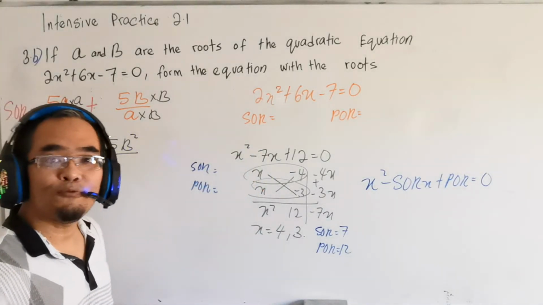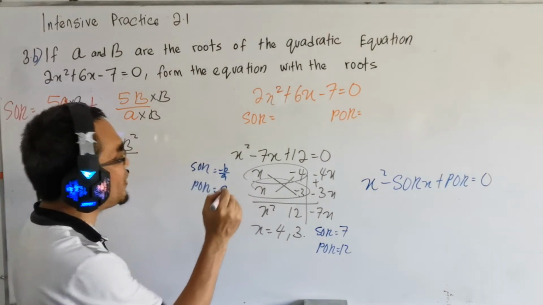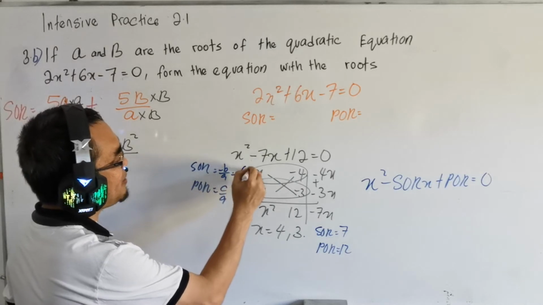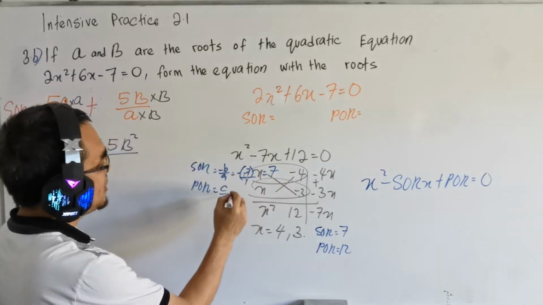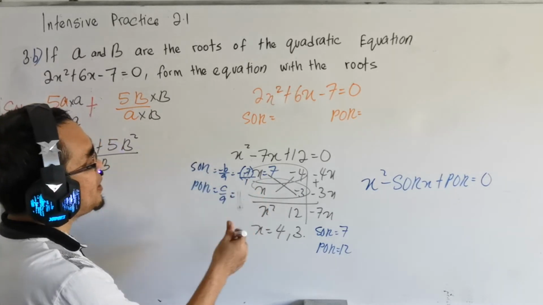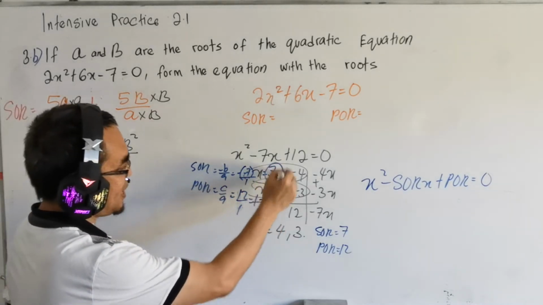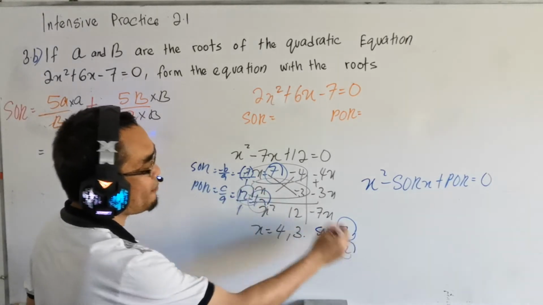The formula is negative B over A and C over A. So SOR will be negative of negative 7 over 1, which is 7. POR will be C over A, 12 over 1, which is 12. You see? 7 is also 7, 12 is also 12 here.